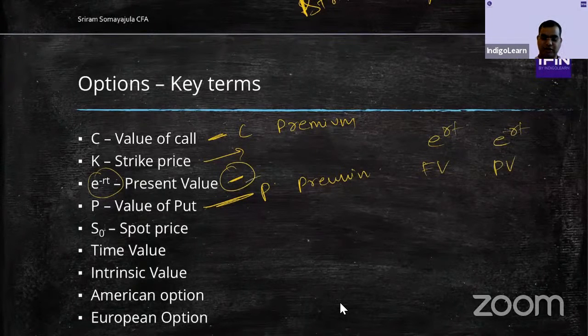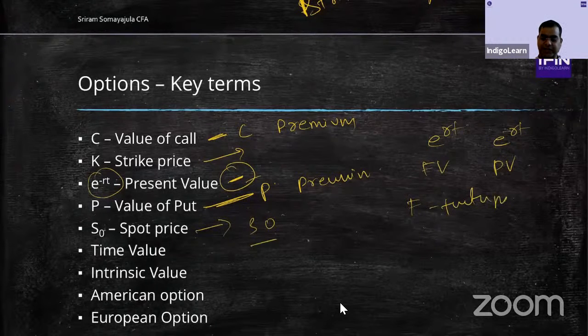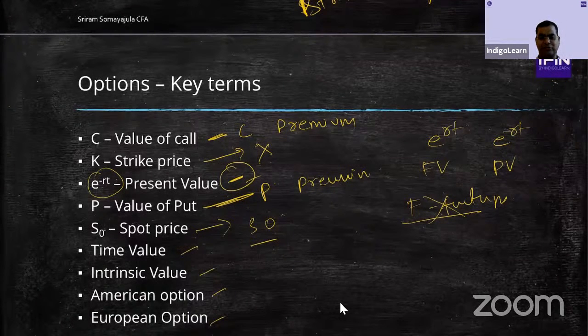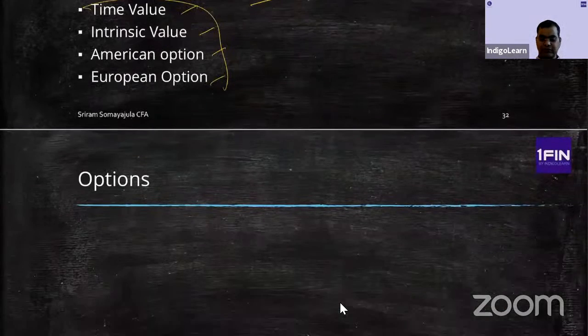So this is the present value concept that is used in options. S is spot price. The spot price is the current spot price, right? Just like F is future price, S is spot price. And in options, we don't use future price. Rather, we use strike price, which is denoted either by K or X. Then we have something called time value, intrinsic value, American option, European option. We will discuss these four as we move along.